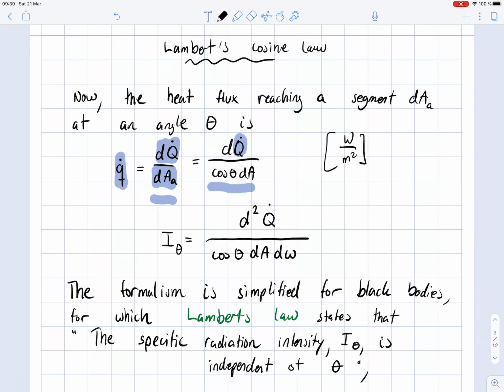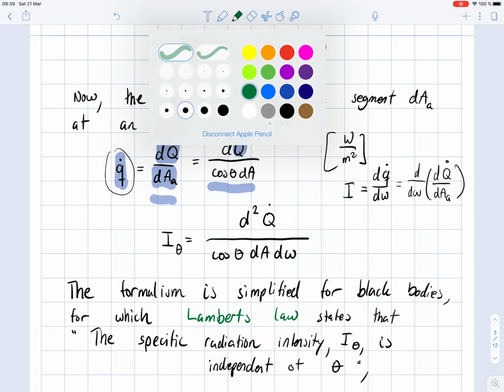Now, since the intensity I equals d lowercase q dw, change in heat flux per solid angle, and the heat flux itself is a derivative, this thing becomes dw of dq dA apparent, essentially. And that gives us the expression that we have a bit further down here.